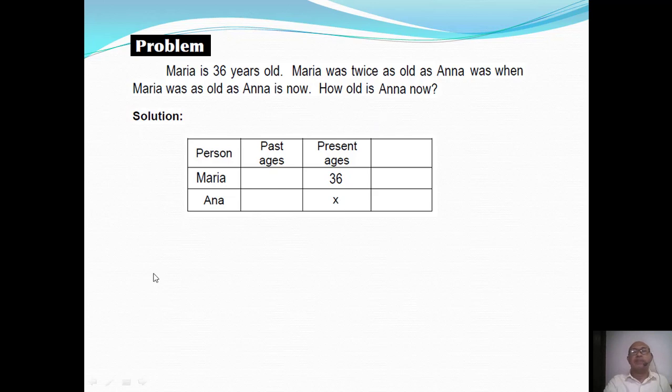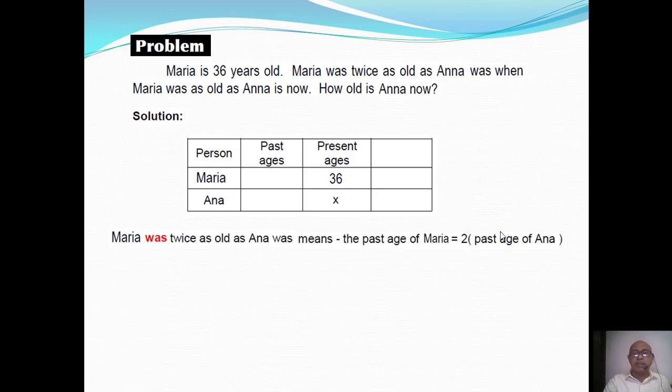Then we have the statement. Maria was, so meaning in the past, Maria was twice as old as Anna was when Maria was as old as Anna now. So this means that the past age of Maria is twice the past age of Anna.